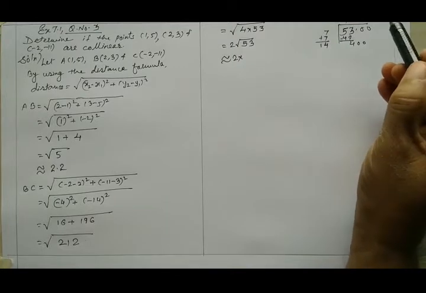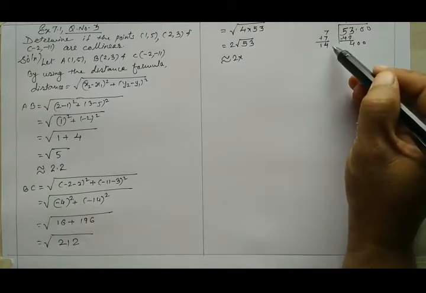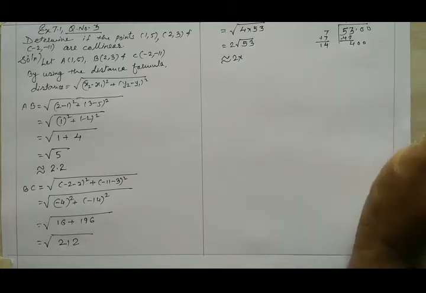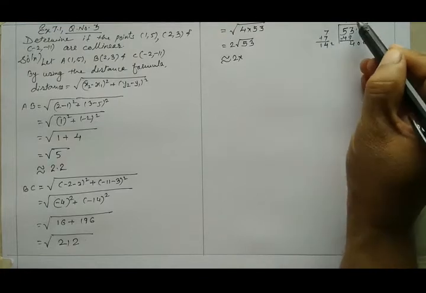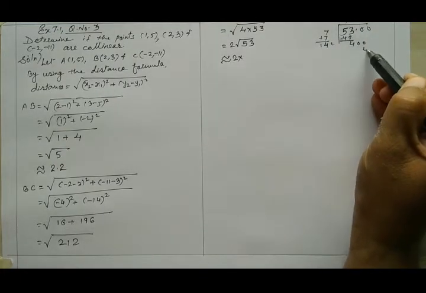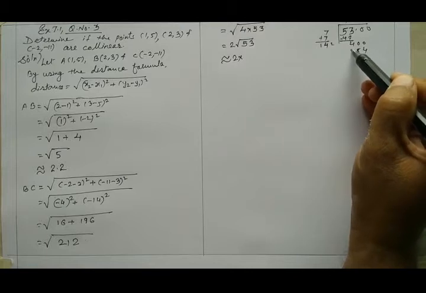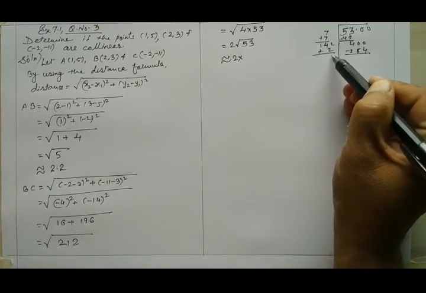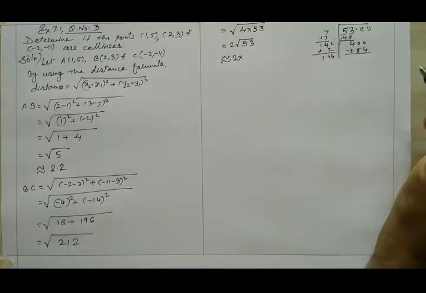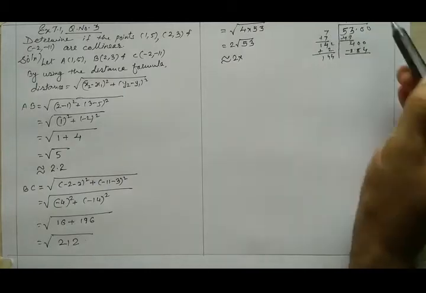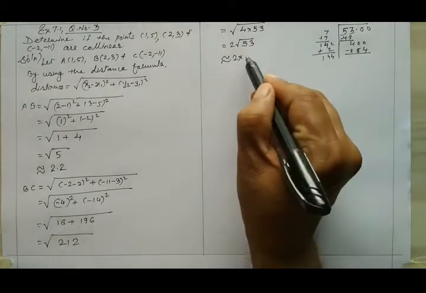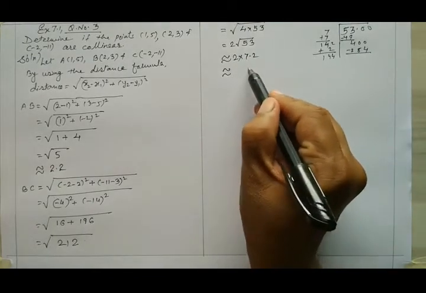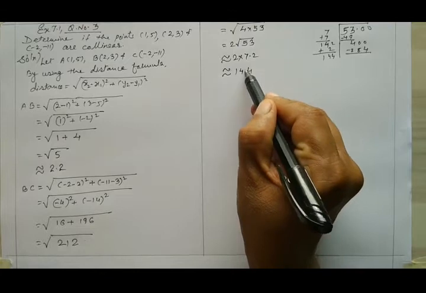If here it is 3, then 14 3s are 42, so more than 400, so you will take 2 here and 2 here. 2 2s are 4, 2 4s are 8 and 2 1s are 2. We are interested in up to 1 decimal place only. The remaining part is rough work, so it doesn't matter. So it is approximately 7.2, and 2 2s are 4 and 2 7s are 14, so 14.4.